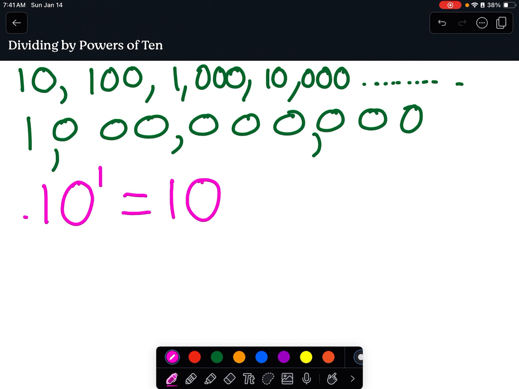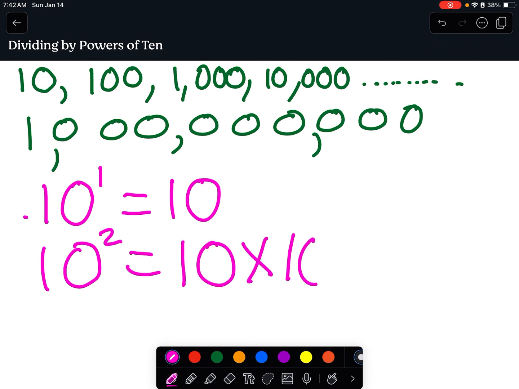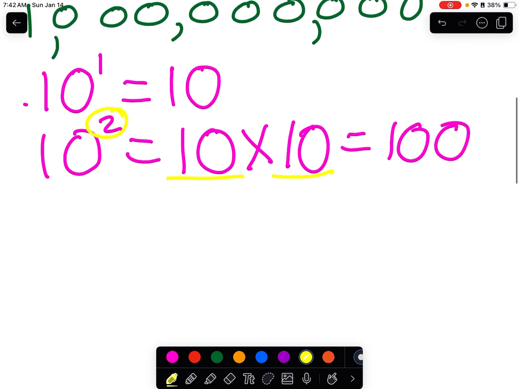Any number to the power of 1 is itself. 10 to the power of 2 means you multiply the number by itself however many times the exponent is. So 10 times 10, 100, because here we've got an exponent of 2, so you multiply 10 by itself 2 times.